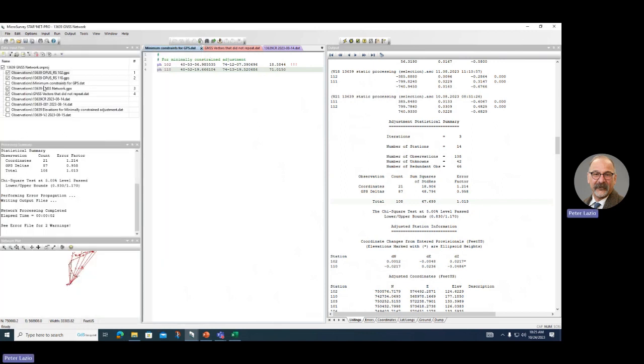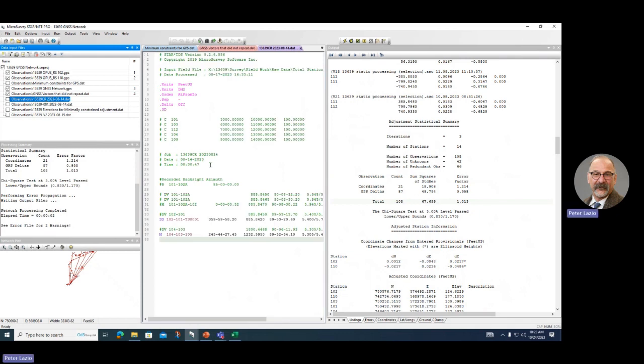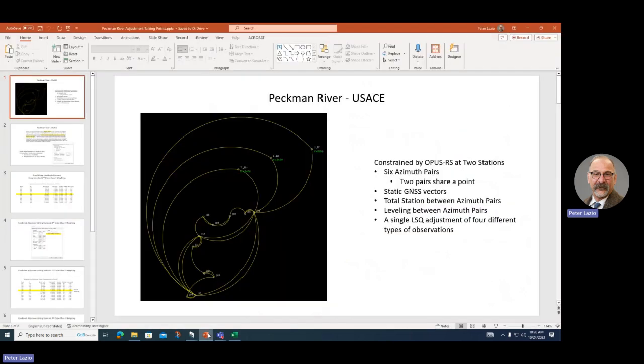At this point, I could add in my total station data. So from 101, let me just refamiliarize myself with this quickly.